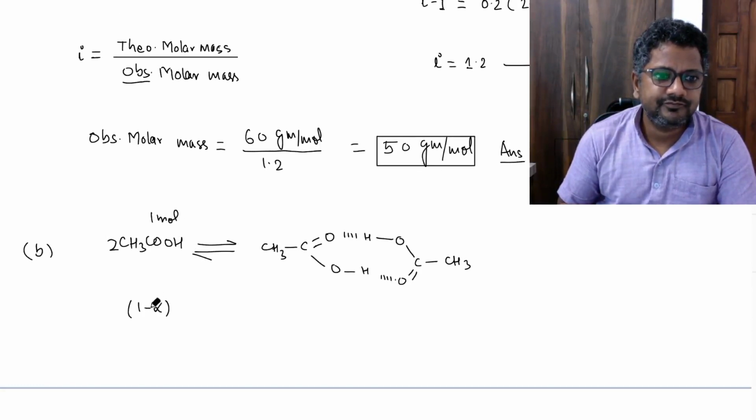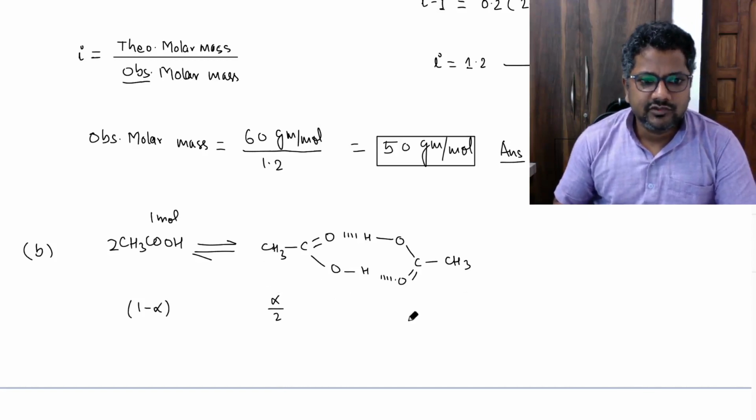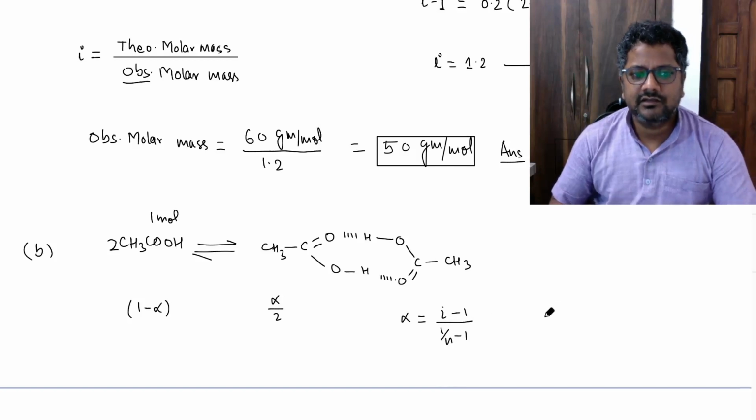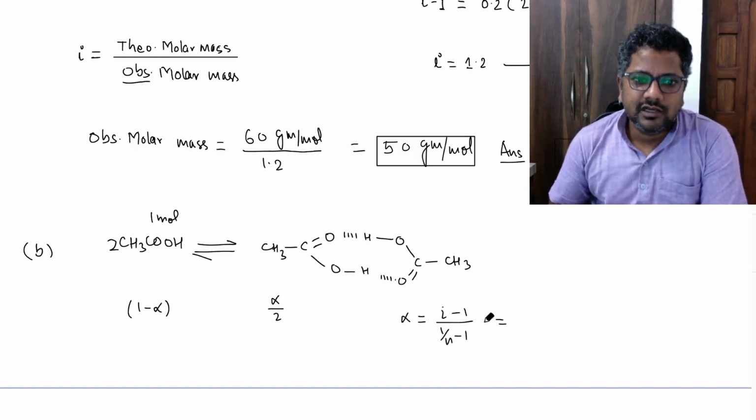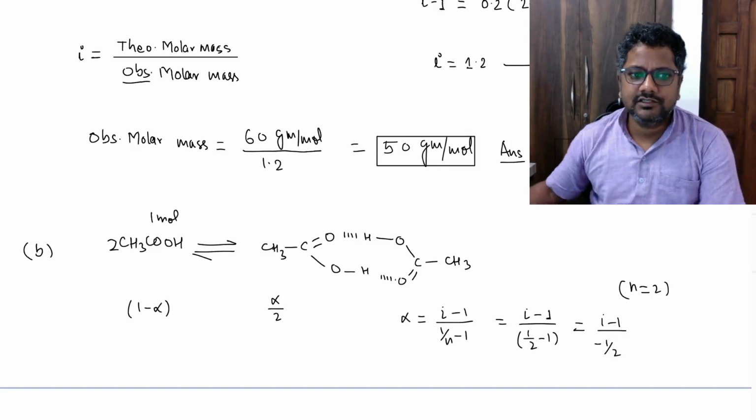So suppose that 1 mole we have taken, so 1 minus alpha, so here alpha by 2. Or you can directly use this alpha is equal to i minus 1 by n minus 1, right? So alpha is 80% and we have to calculate i. n is equal to 1 by 2. Why? Because it is dimerizes. So 1 by 2 minus 1, so this is equal to i minus 1 by minus 1 by 2, right?